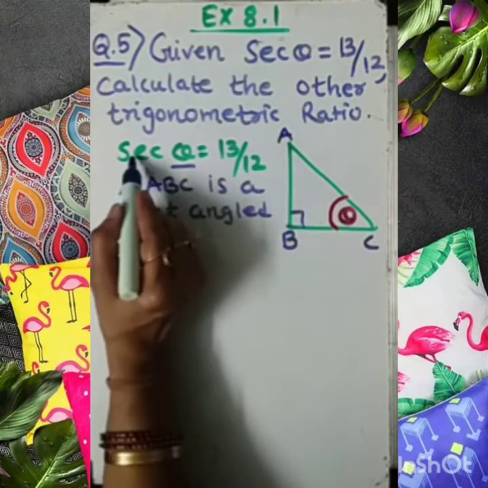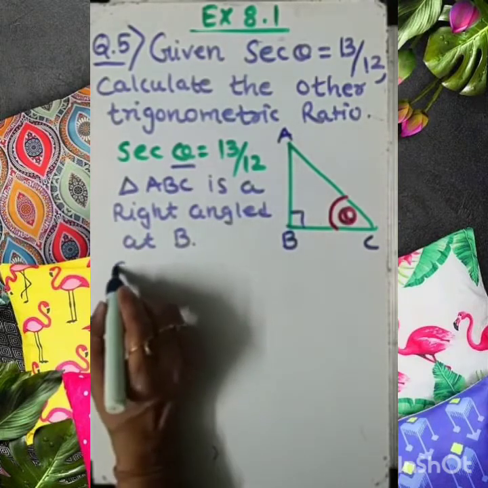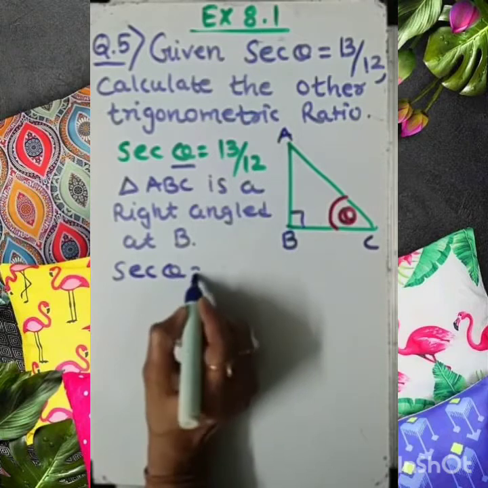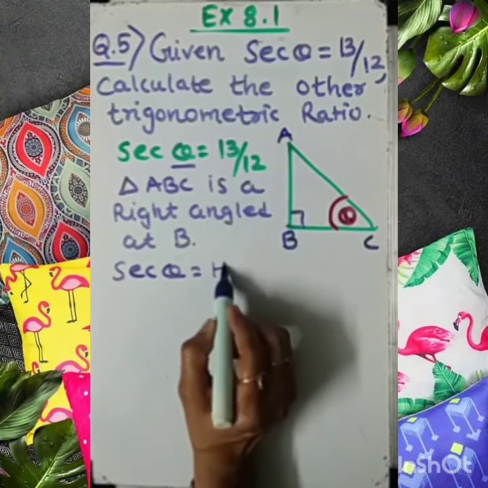So let's focus on sec theta. We know very well sec means h by b. It is the inverse of cos theta. Keep cos theta in mind. Cos means b by h. So of course sec will be h by b. So sec theta will be h by b.